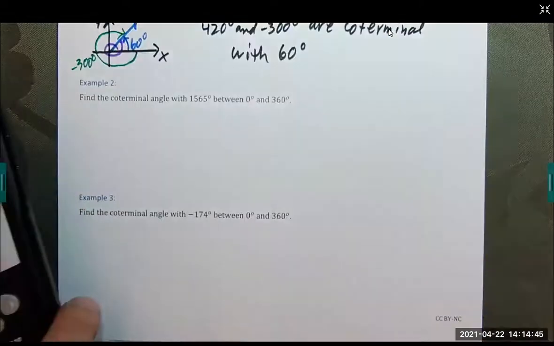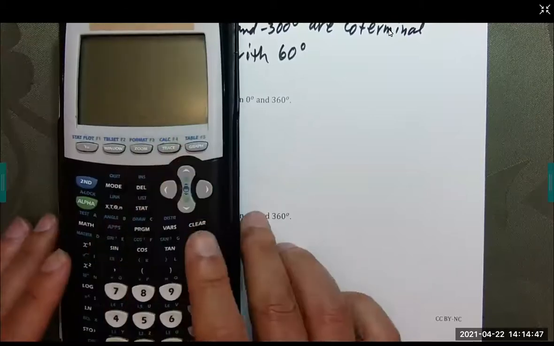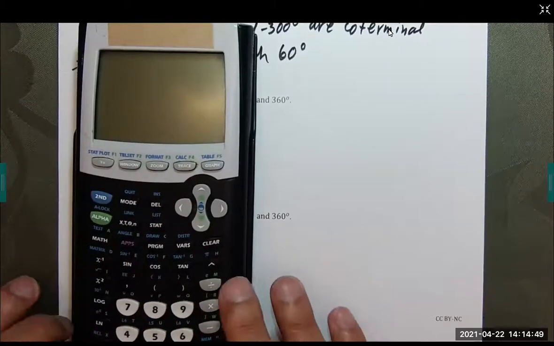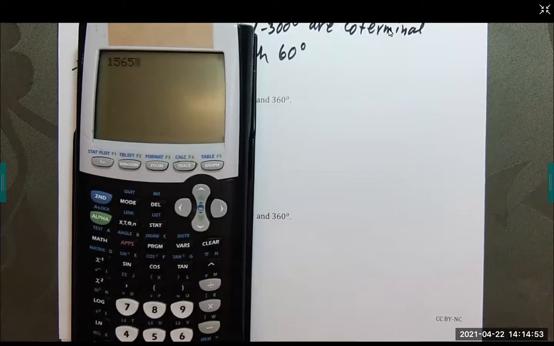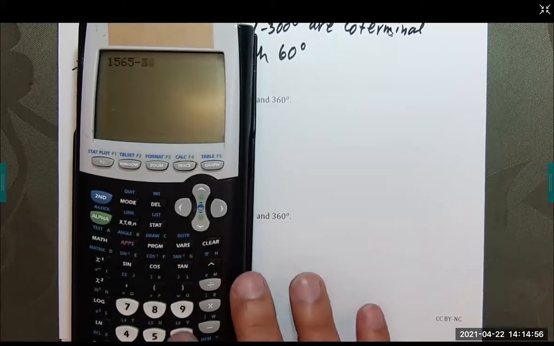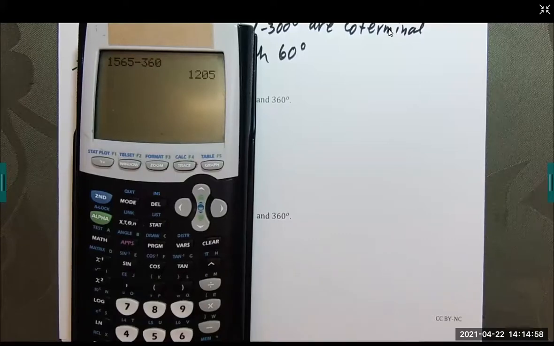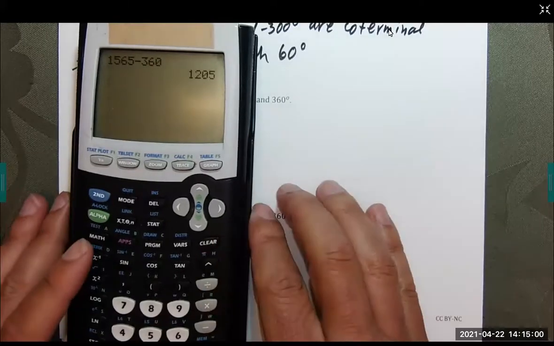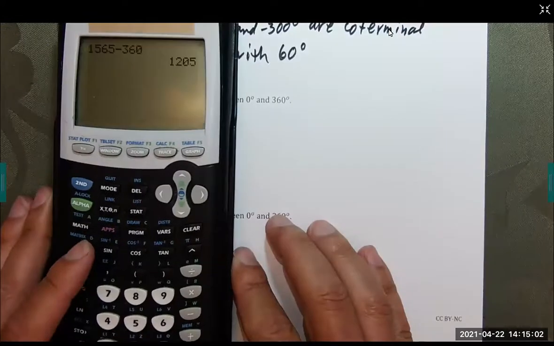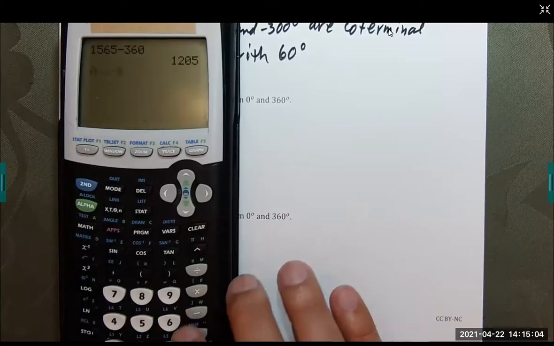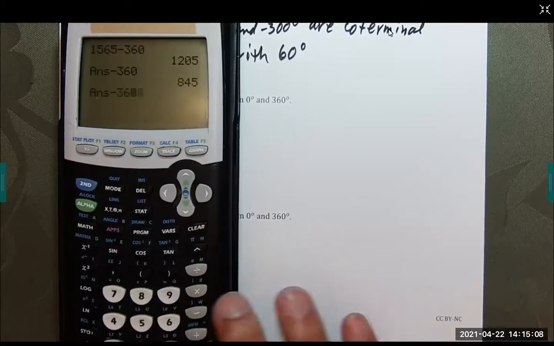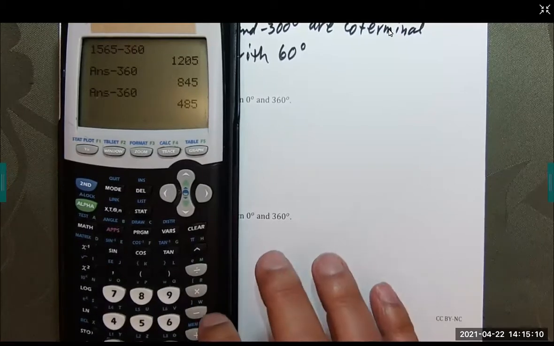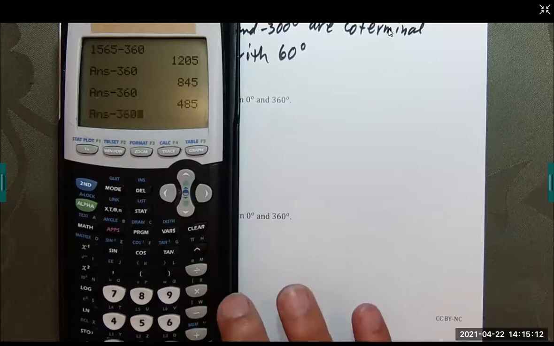I'm going to go 1565, and I'm going to subtract 360 degrees. Nope, still not between 0 and 360. So I'm going to subtract another 360. Still not there. Do it again. Still not there. Do it again. Finally.